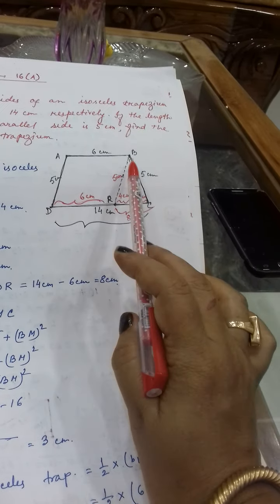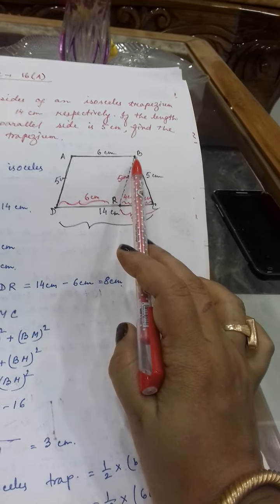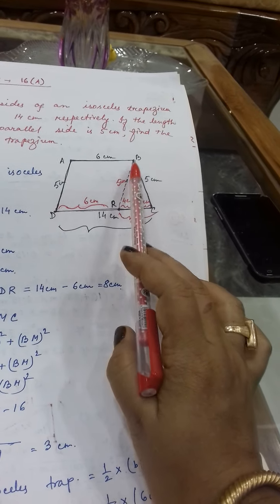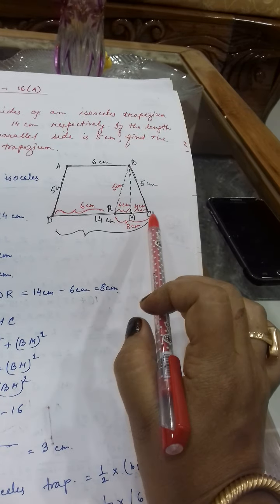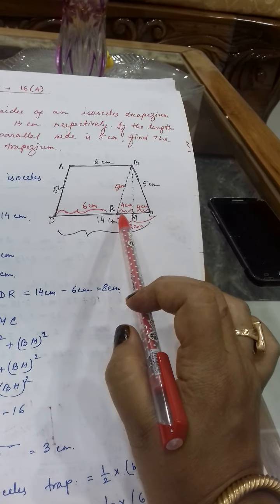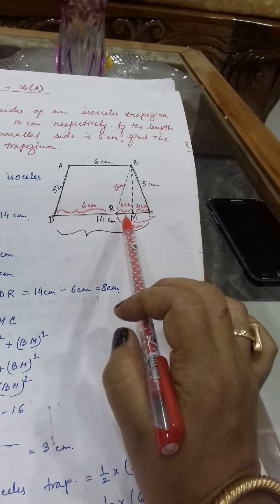Now in this isosceles triangle, BMC, this is one right angle triangle, BMC or BMR. Clear? Understood?